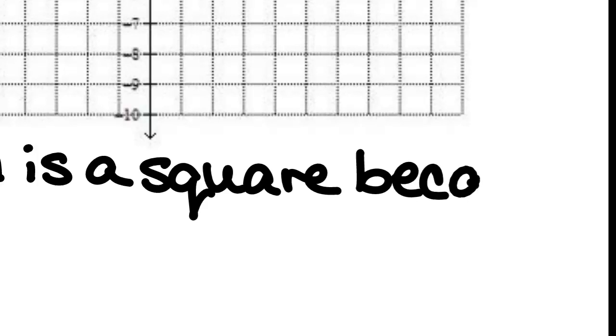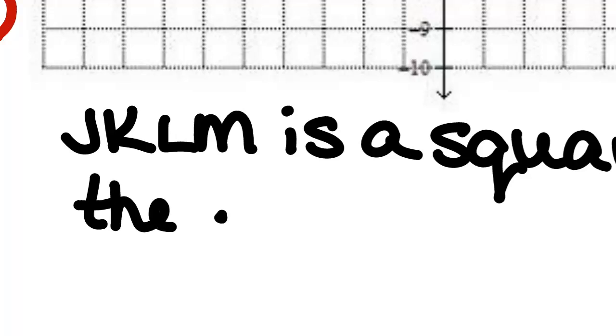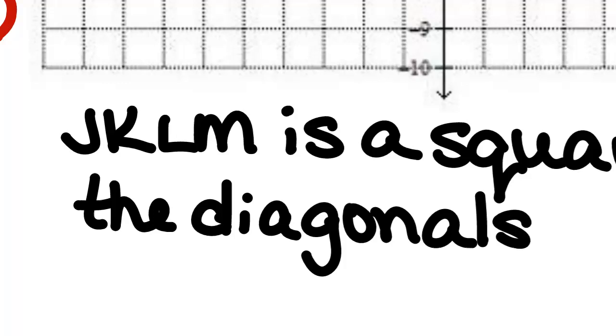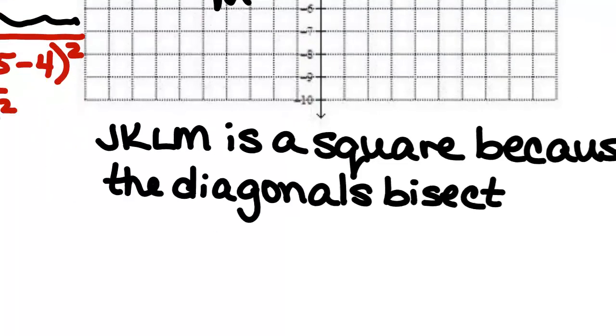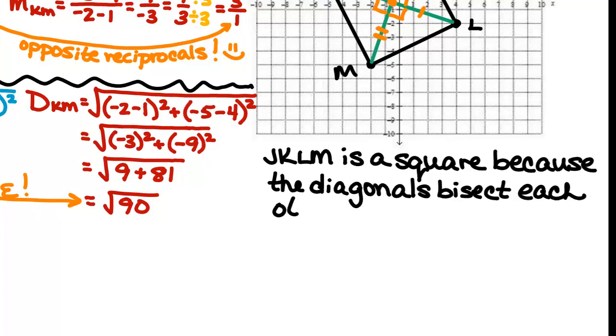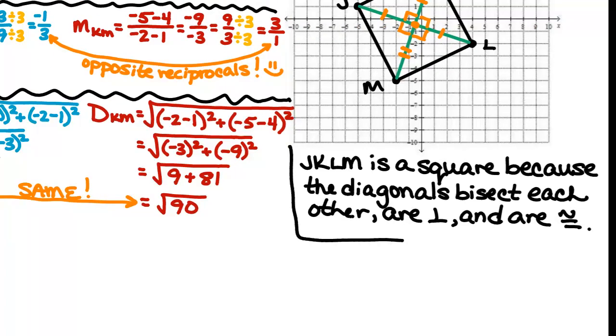Because the diagonals bisect each other. They are perpendicular. And they are congruent. So we got all the things going on here.